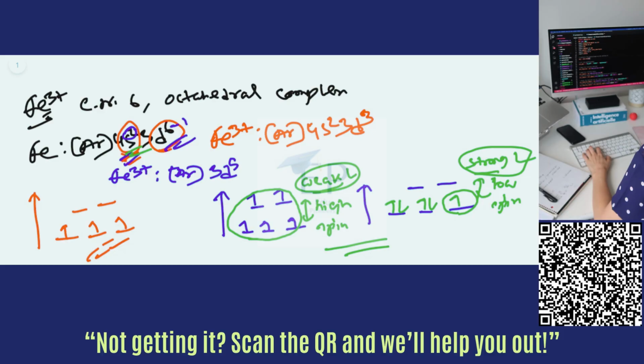But if the electrons are removed from the d orbitals first, then we will have this orbital splitting diagram, from which we cannot explain the magnetic properties and their dependence on the field strength of the ligand.